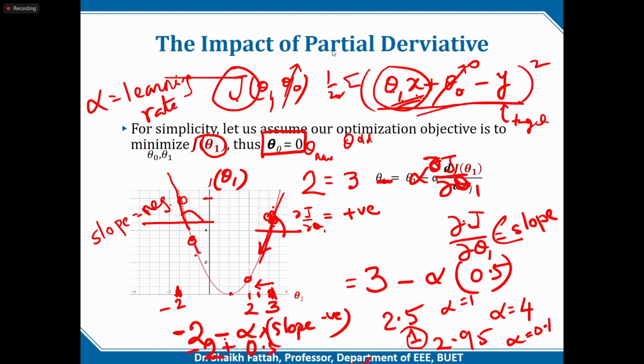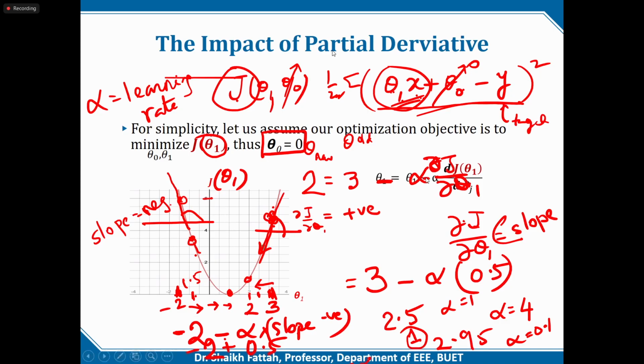Let's say positive 0.5. So minus 2 plus 0.5, it will come here, which is minus 1.5, in this direction. That means again, it is moving towards the minimum. So the update equation is perfect. You understand the update equation. And there should be a negative sign here.